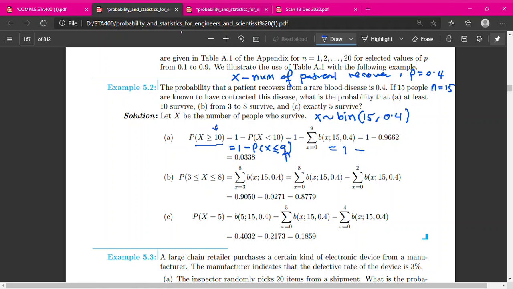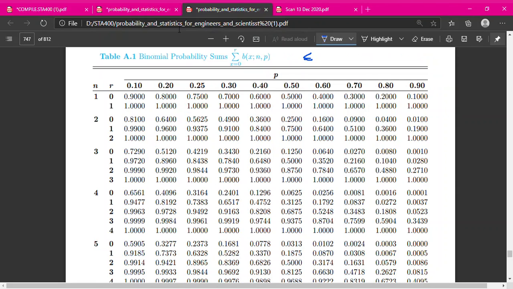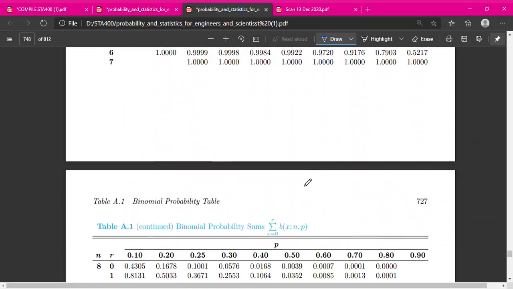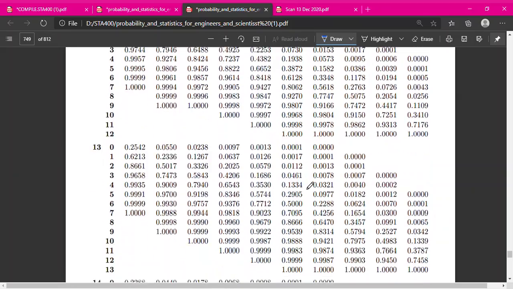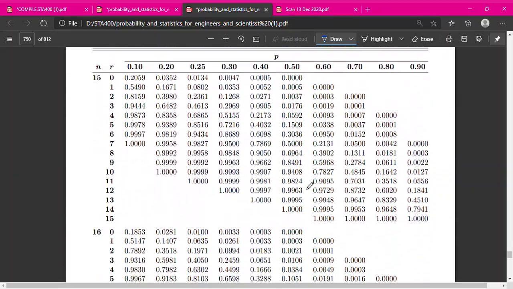So, R kita sekarang 9, when P is 0.4, when N is 15. So, cuba cari P 0.4, N is 15, R is 9 tadi. So, it is 0.9662.